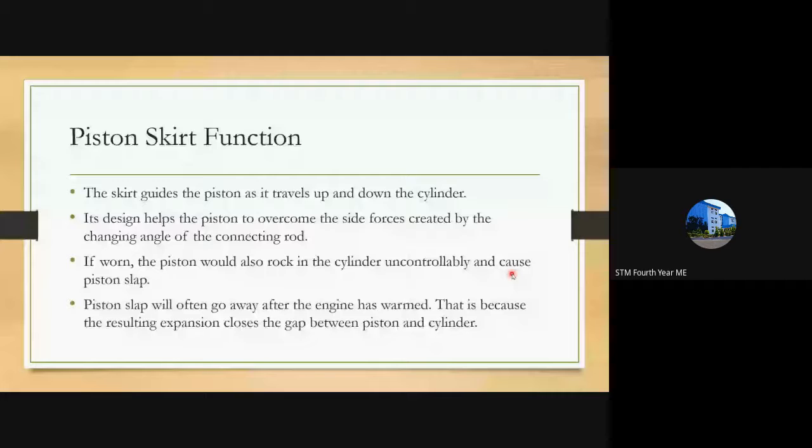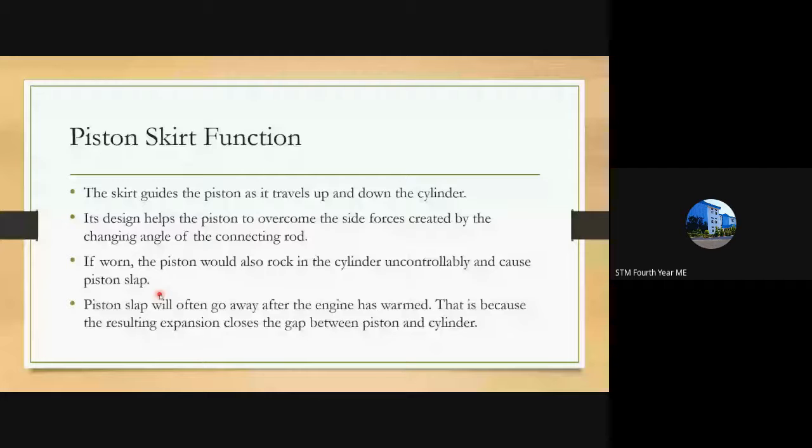So there is a process called piston slap. What does that mean? When the piston skirt is worn out, there is less material in the piston skirt. When that occurs, the piston is loosely held inside the cylinder.